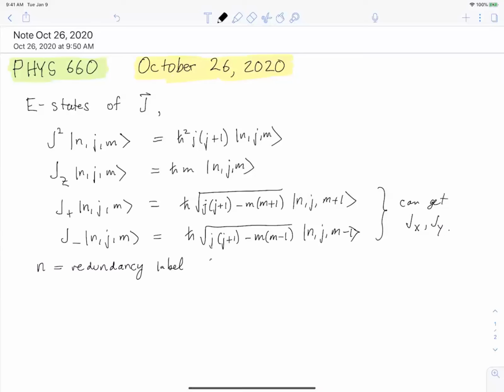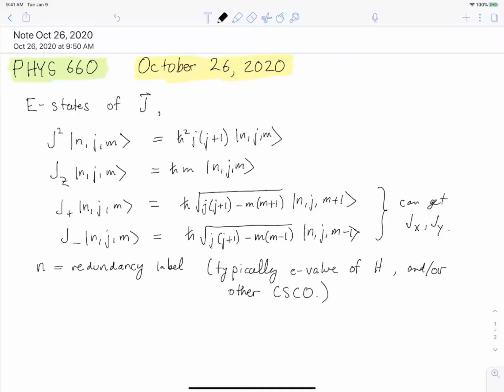And so this is typically the eigenvalue of some other operator, most usually the Hamiltonian. But in principle, it could be some other operator or operators that formed a complete set of commuting observables with the angular momentum operators, J squared and J sub z.